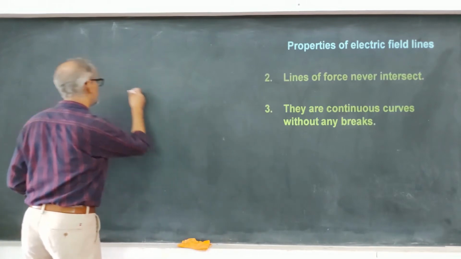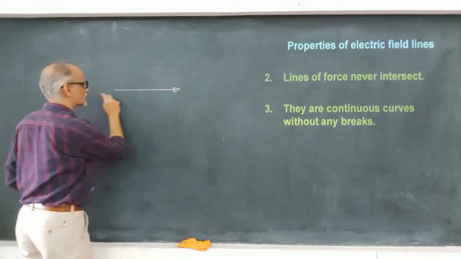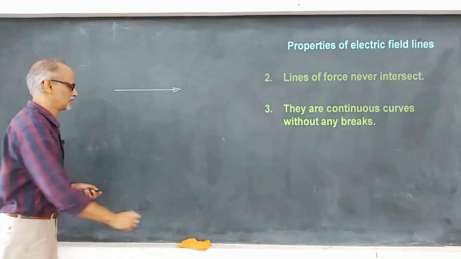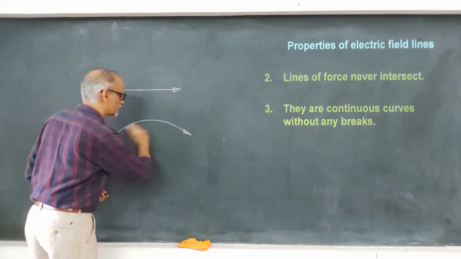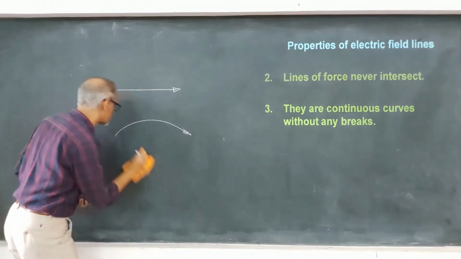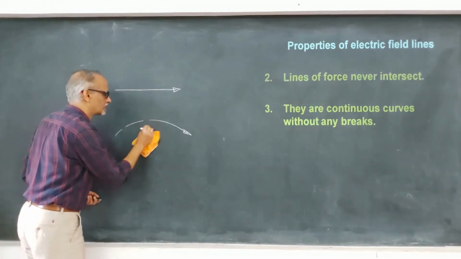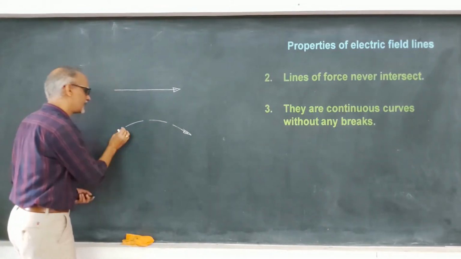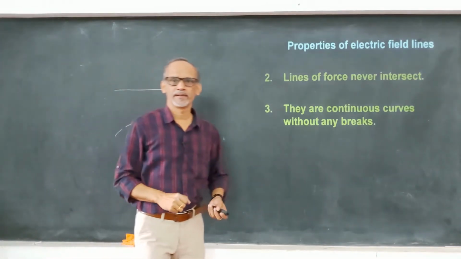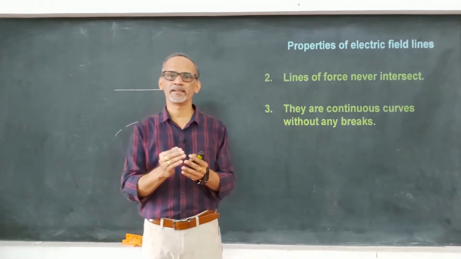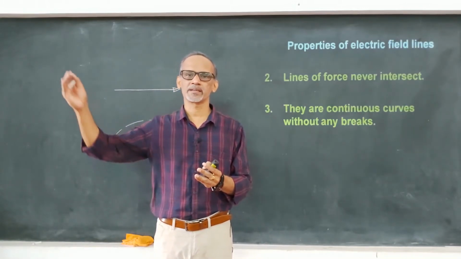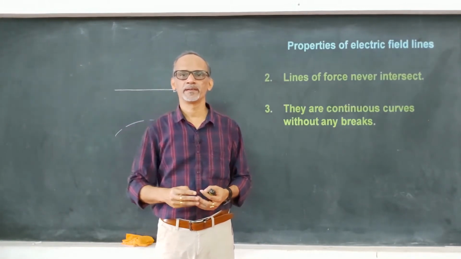See, whatever the line that we have drawn, we draw like this, continuous line. Even if we draw like this, it's again a continuous curve like this. They are continuous curve. There is no break like this. If there is a break, it indicates that the field is discontinuous, which is not true, because the field is continuous, it's extended till infinity mathematically.